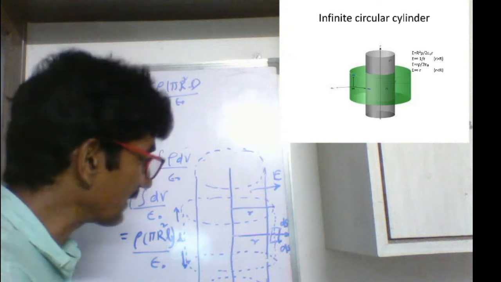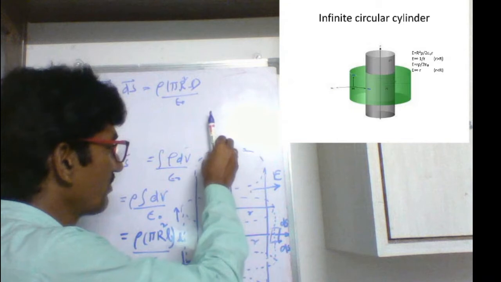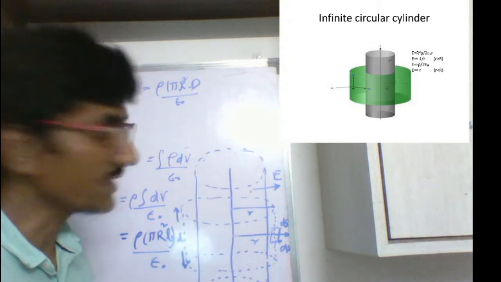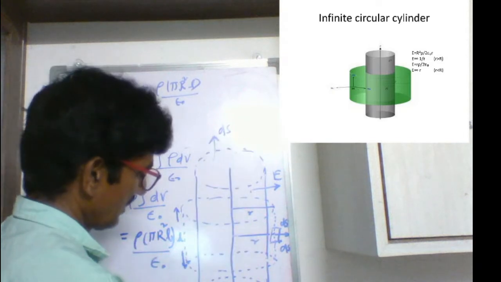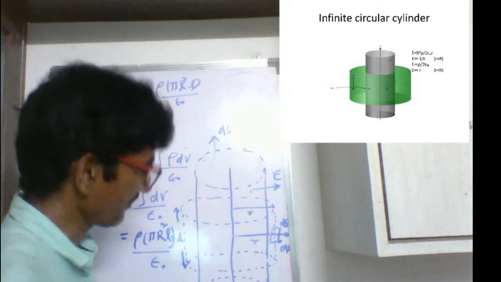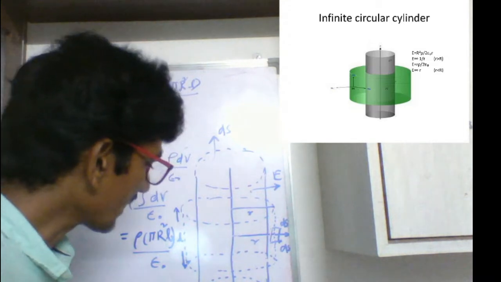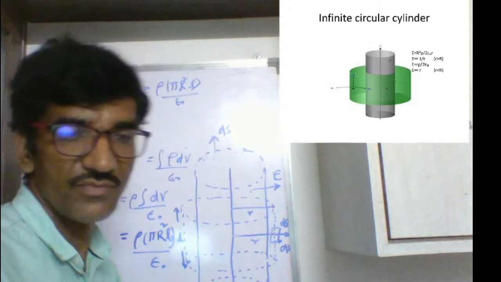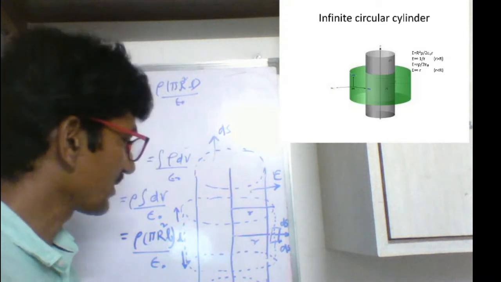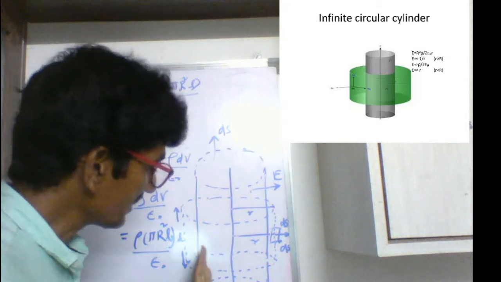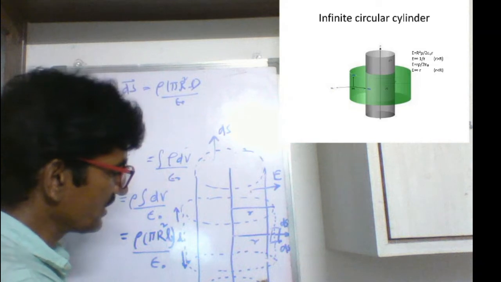If you evaluate this integral, you end up with 0, because your E is radial.